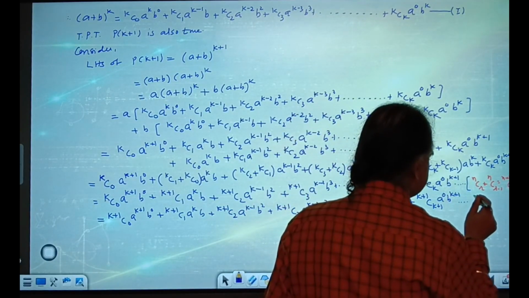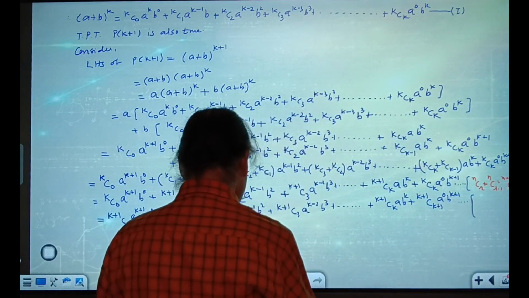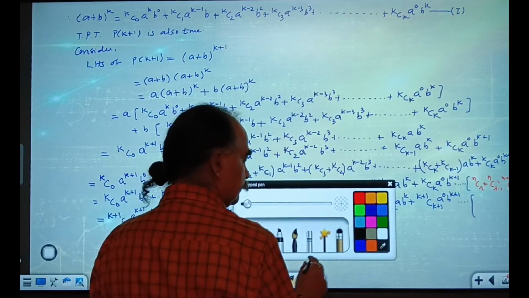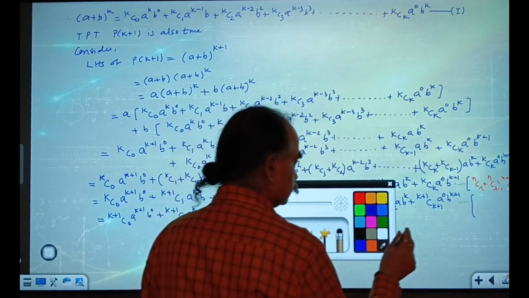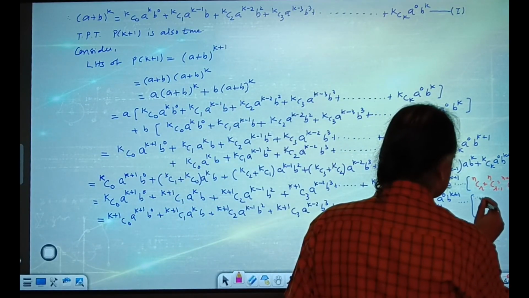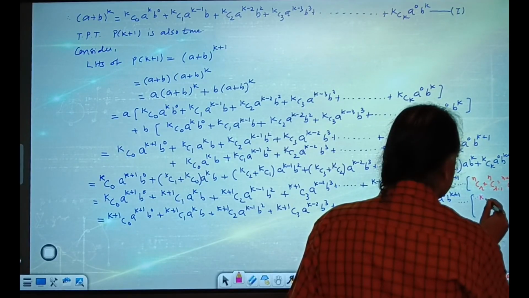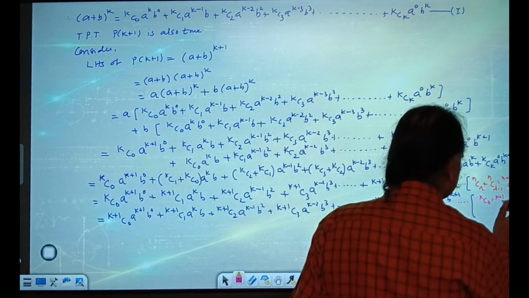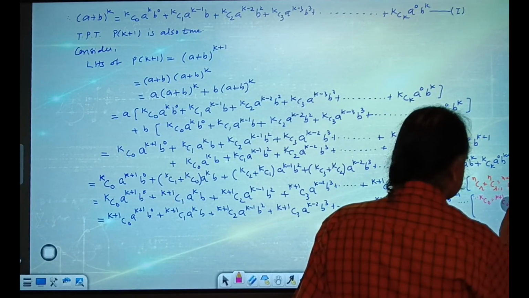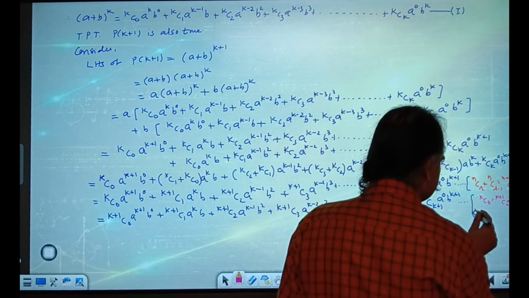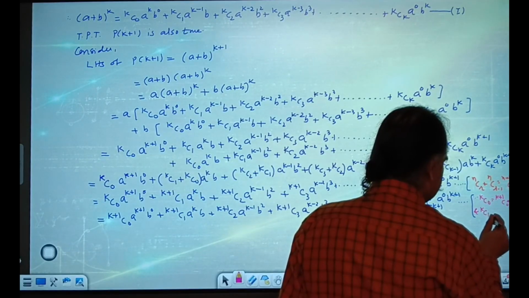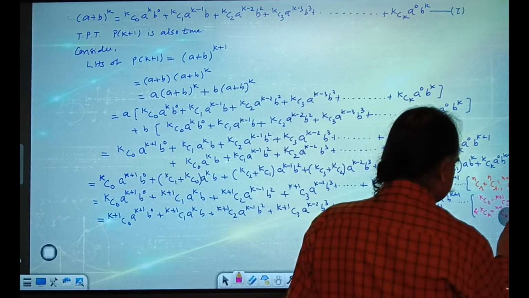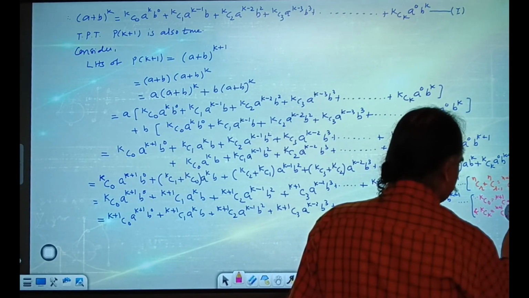Reason for this step is what? Since KC0 is same as K plus 1 C0 and both are equal to 1, and KCK and K plus 1 C K plus 1 both are equal to 1.